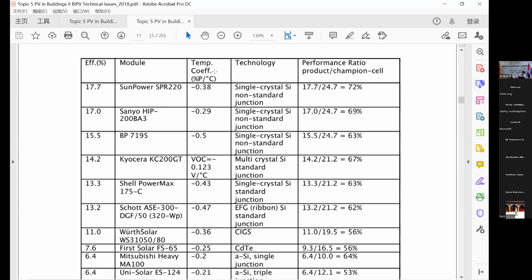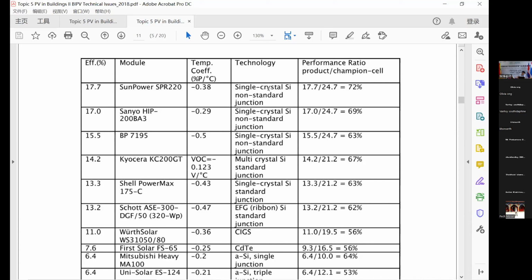If the temperature increases to 26, then the overall percentage will decrease by 0.38, which means this efficiency is operated at a standard test condition with temperature of 25. And if we got 26 Celsius degrees, then the efficiency will decrease from 17.7 to 17.32, and so on.